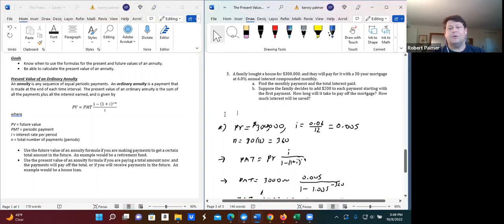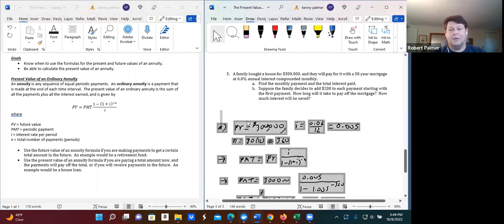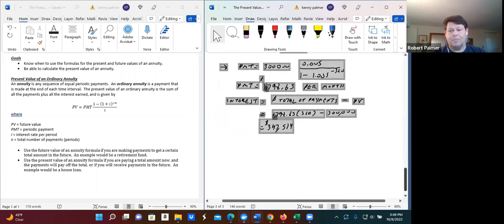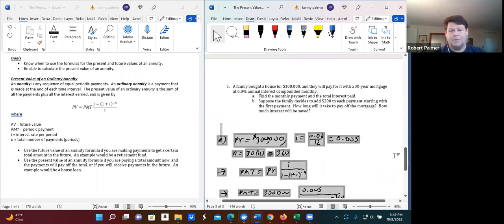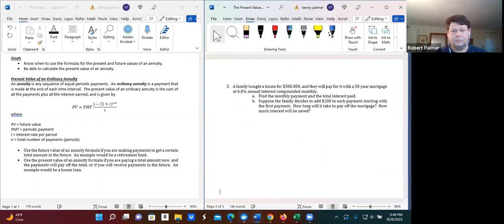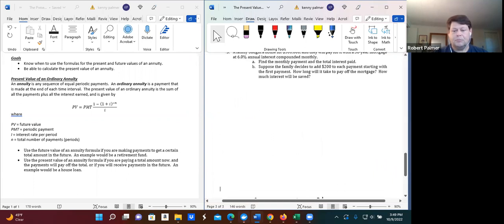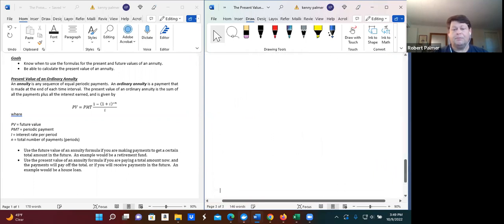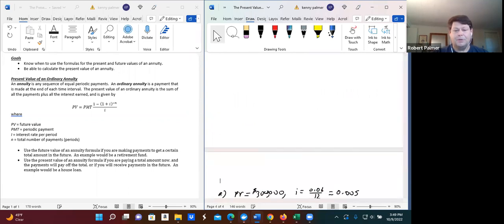I'm going to have to copy all this and move it down because I'm almost out of space for the rest of the problem. I'll just start a new page.